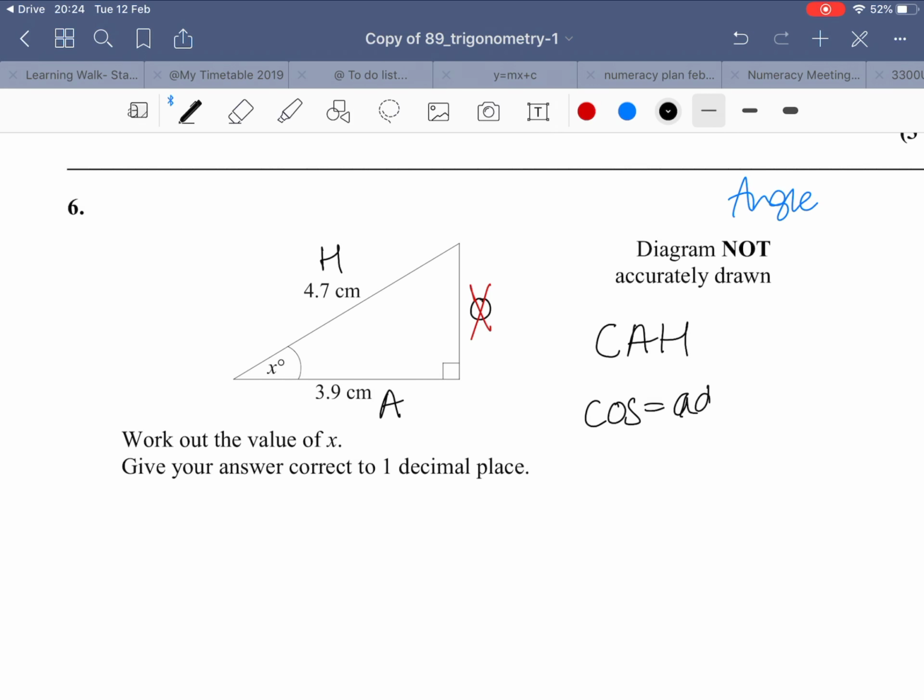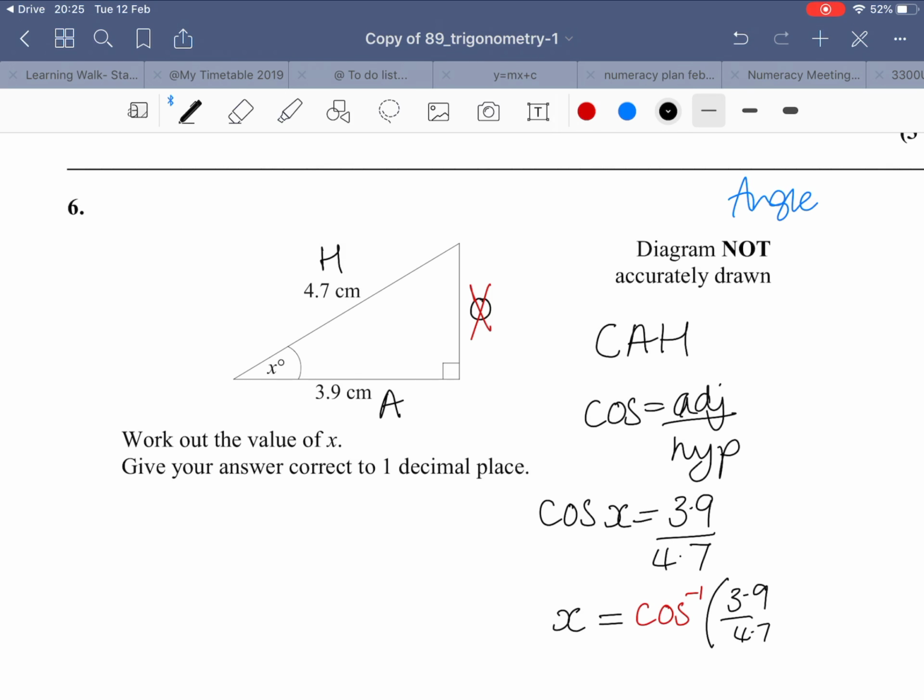Cos is the adjacent on the top, hypotenuse underneath. Put in your information. Cos of the angle is equal to the adjacent divided by the hypotenuse. To get rid of the cos, you're going to need to use cos to the minus 1.